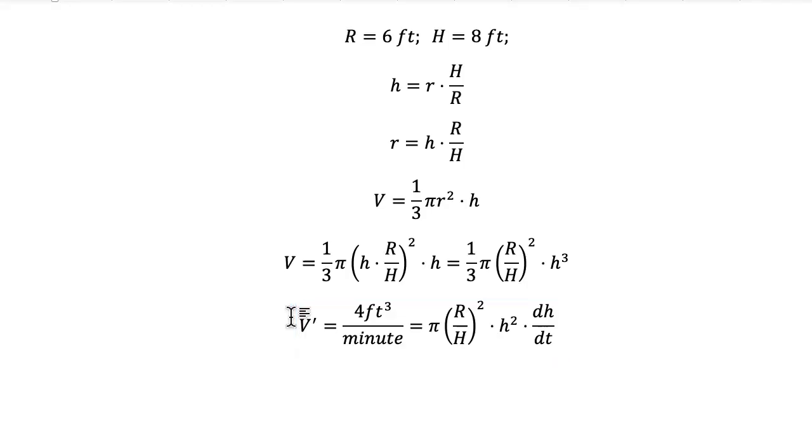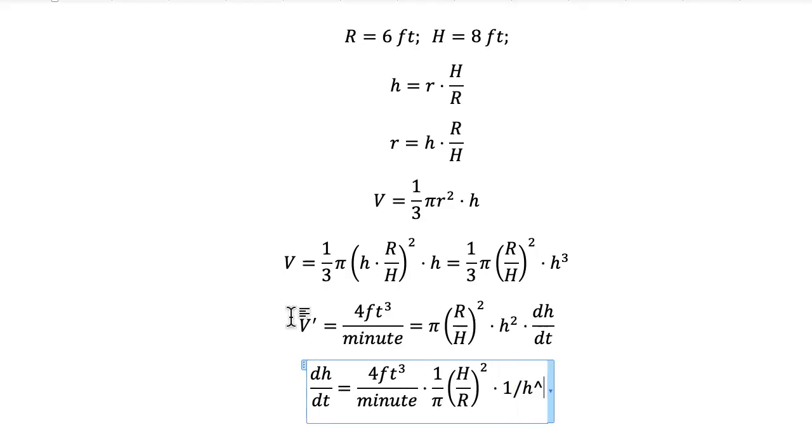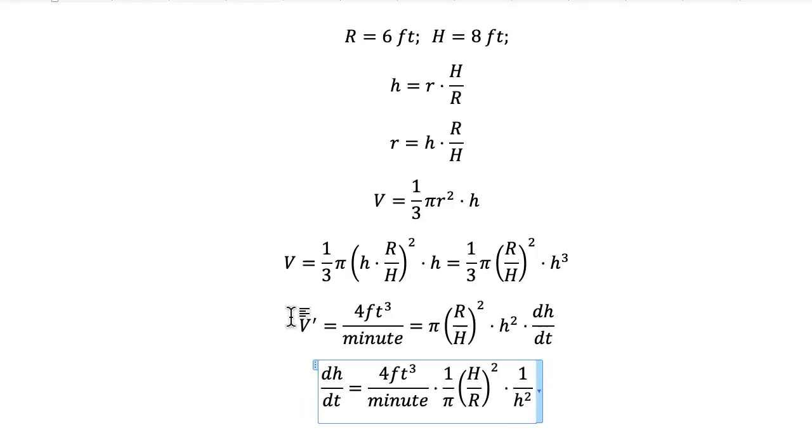And now we can solve for dh dt, which is 4 cubic feet per minute times 1 over pi times h over r squared times 1 over h squared.